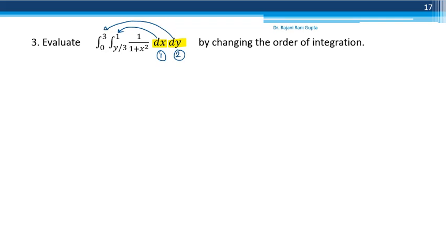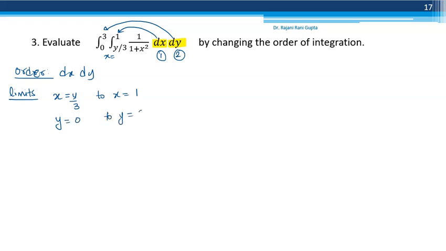So the current order is dx dy. These are the limits for x: x equal to y over 3, x equal to 1. And y equal to 0 to y equal to 3.